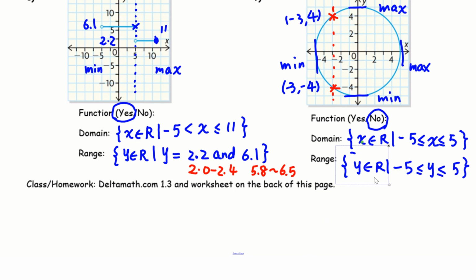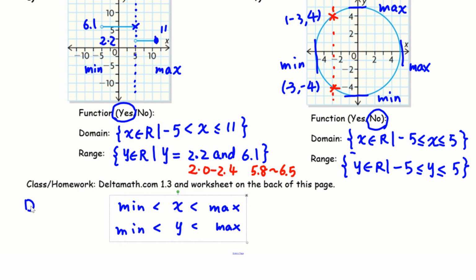So this is how you find the domain and range. So always write the minimum, maximum, then put x between, y between, then you have the domain and range.